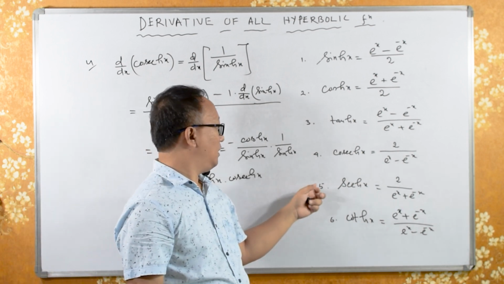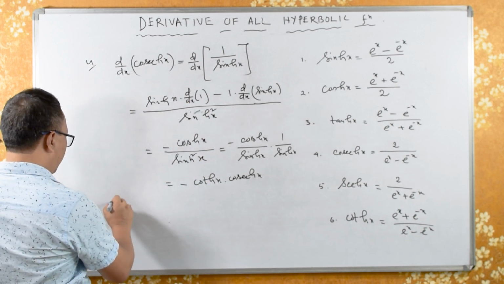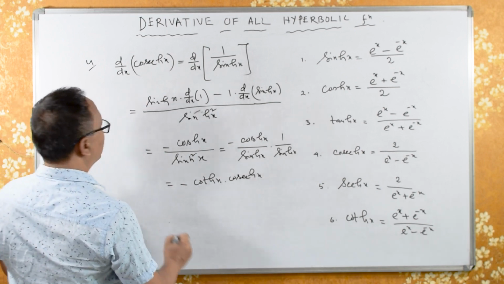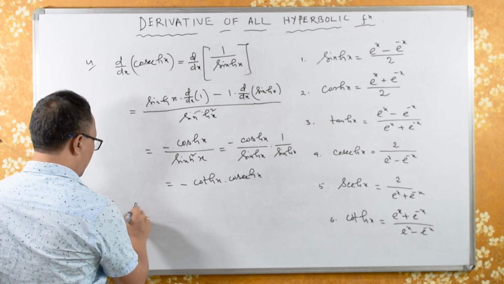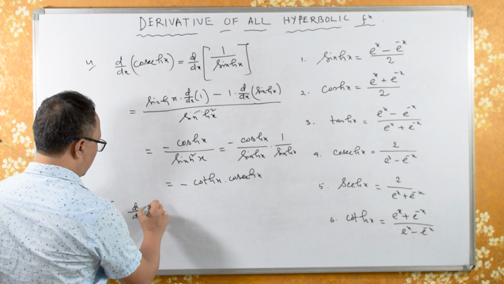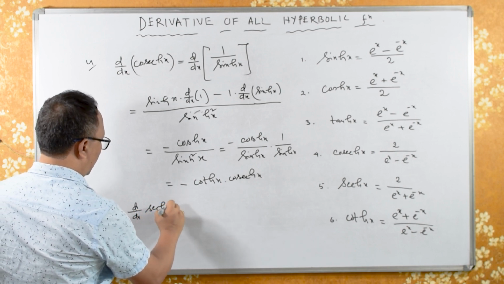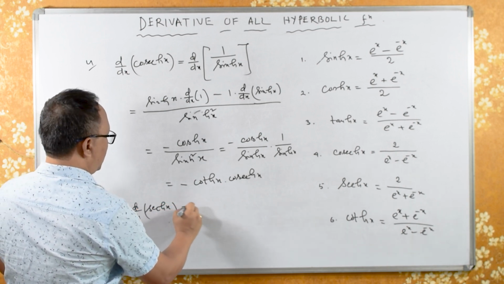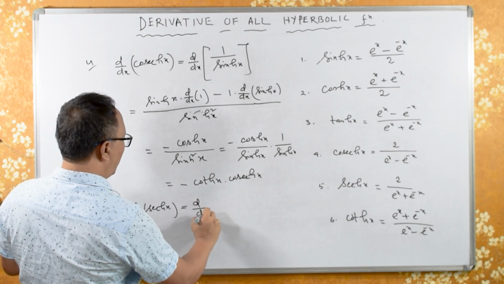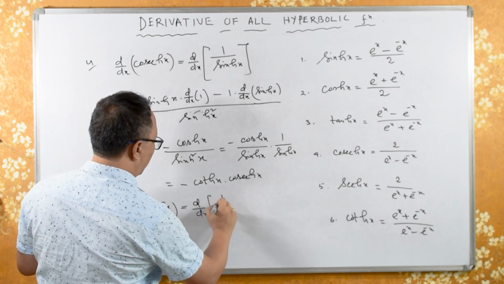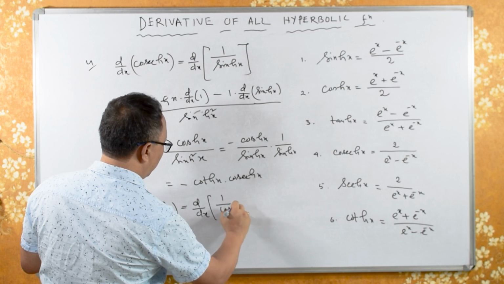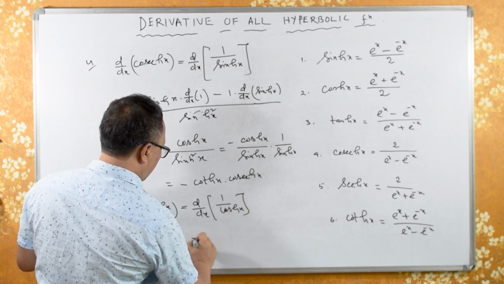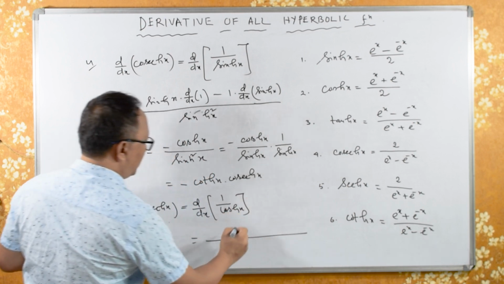Okay. Now let's check number 5, dy/dx of sec hyperbolic x. It is the same. Sec is 1 by cos, so here 1 by cos hyperbolic x. Here you apply the u by v rule.